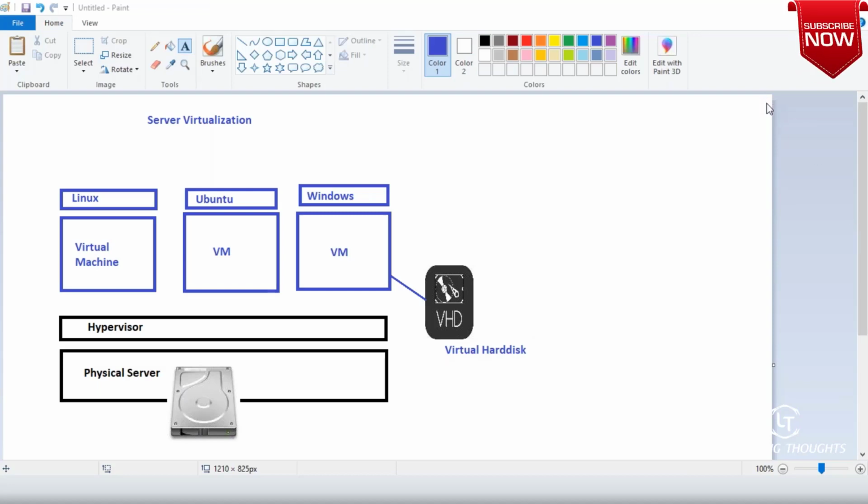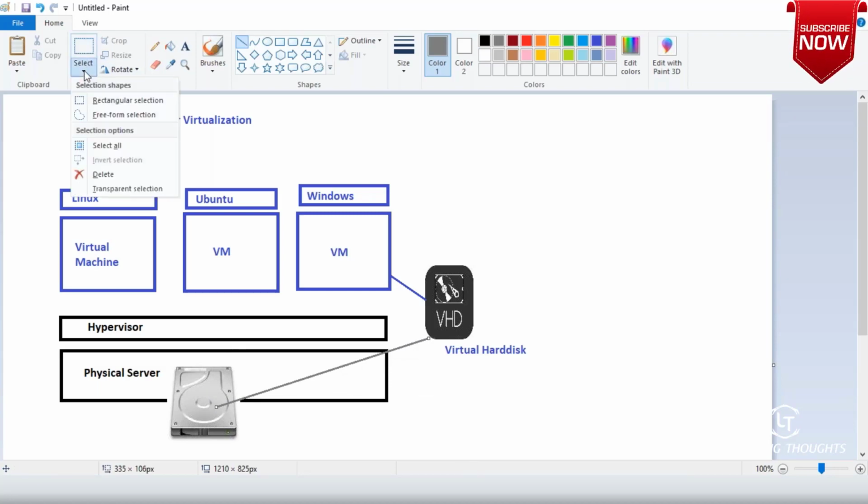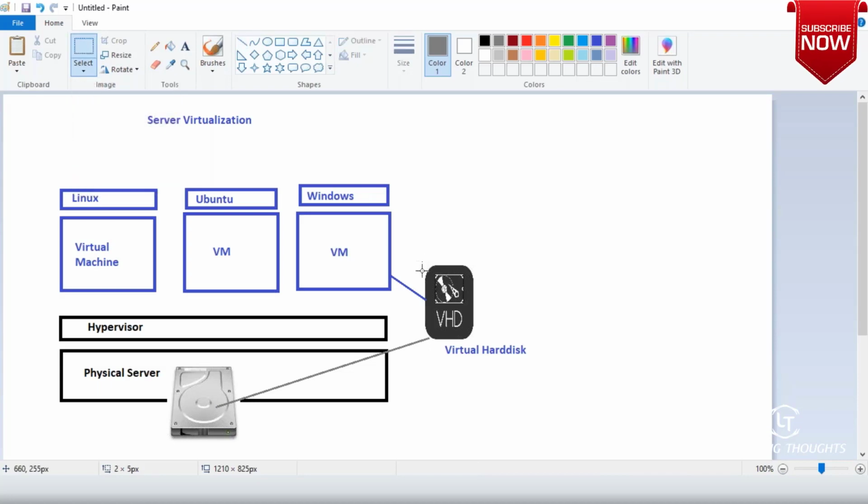All right. And this virtual hard disk is basically created somewhere from your physical machine. In most of the cases, in cloud, they work slightly in a different way, but it's okay.